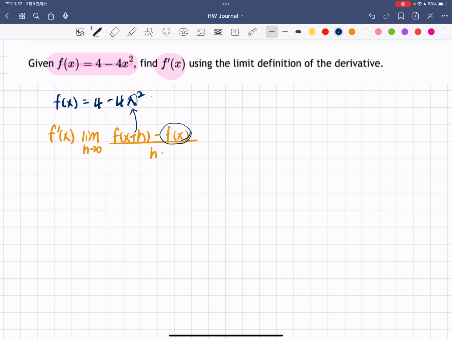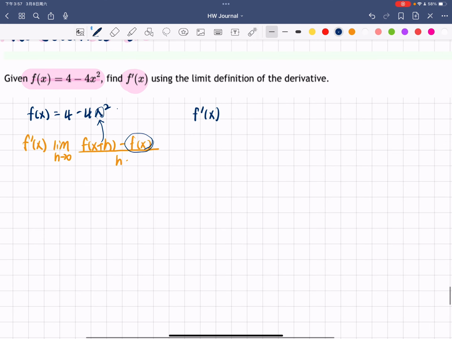Alright, so first we will be writing the whole function into a new function by substituting everything. So the first one is going to be 4 minus 4 times (x plus h) squared minus (4 minus 4x squared) over h.